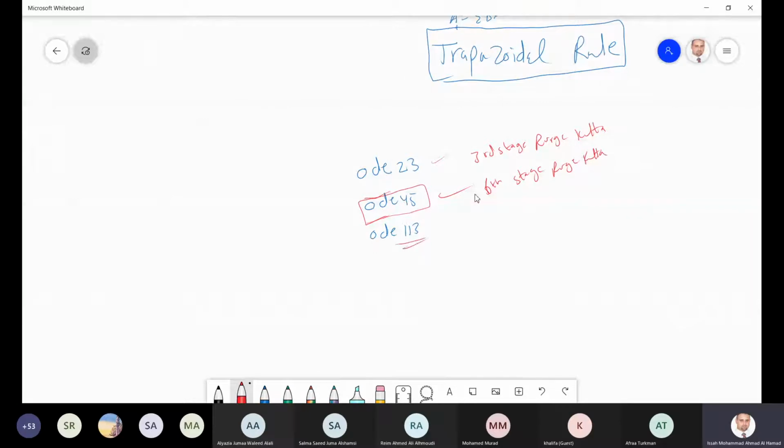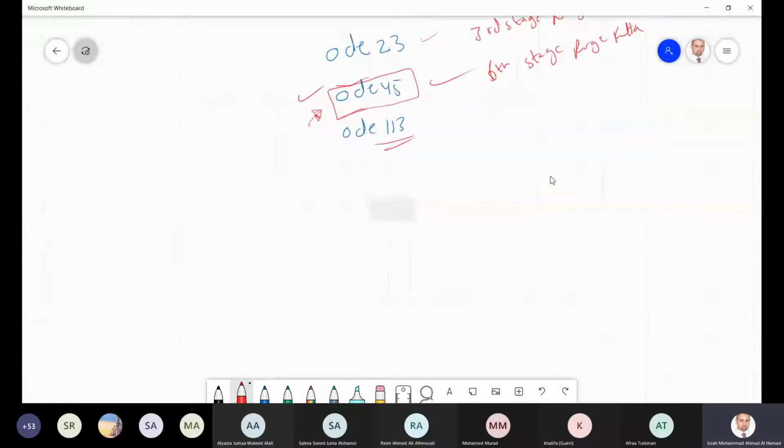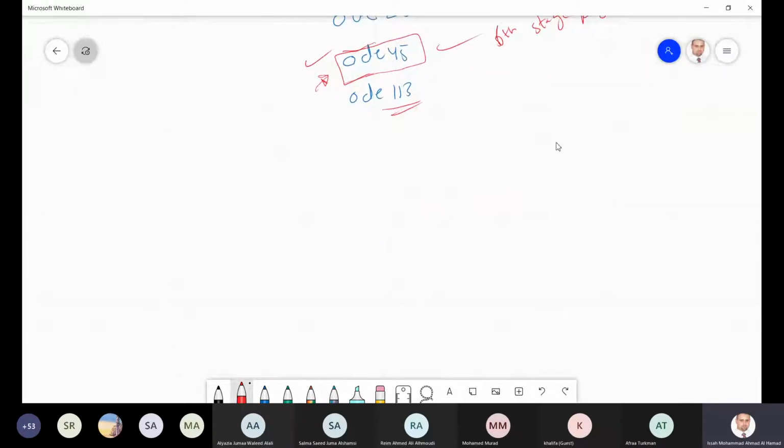Now I am not using 113. Usually I use ODE45, and in mechanical engineering, most of our cases will rely on ODE45. So first of all, how can we use the toolbox or the function of ODE45?